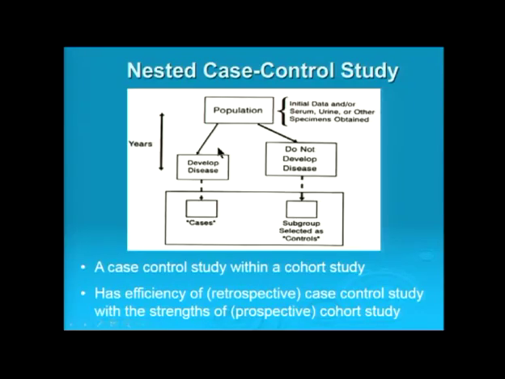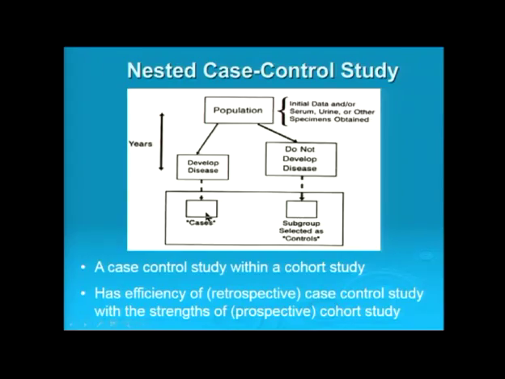So what if I now go back and say, I think I have a biomarker that is predictive of breast cancer. I could go back to Framingham and ask how many cases of breast cancer they have. I could pick a random sample of individuals in the Framingham study who did not develop breast cancer.